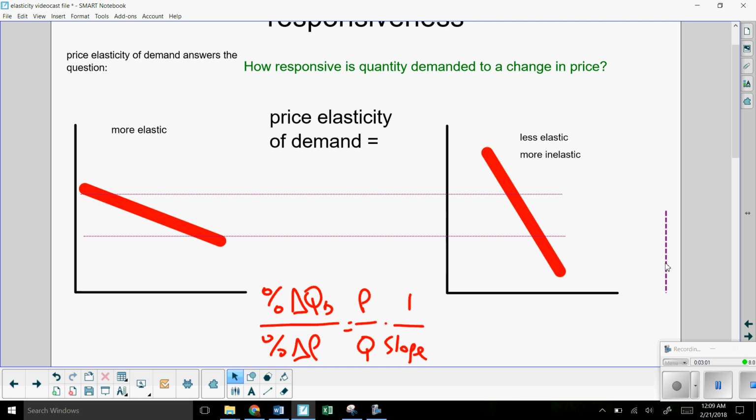So we're going to think about that top line as the first price. And of course, over here, we wanted to buy this many. And over here, before the price change, we wanted to buy that many right there. Put it in the middle of the line, why not?